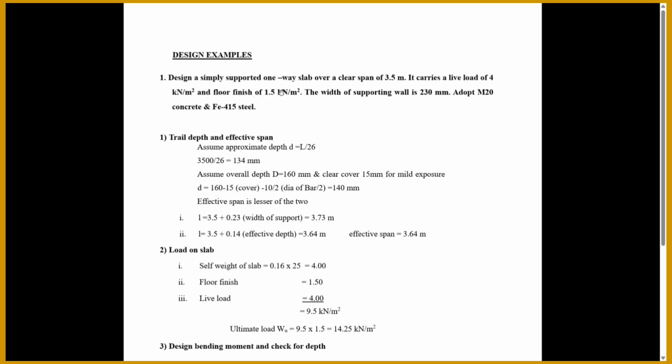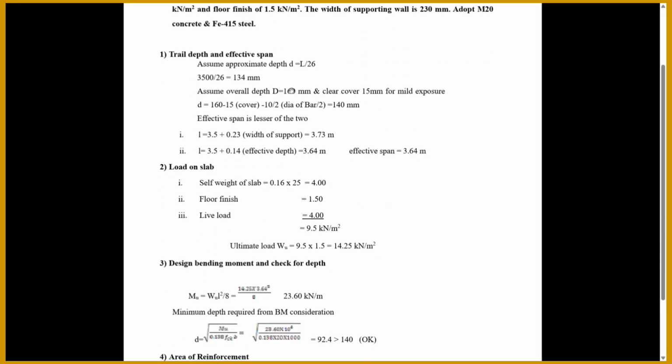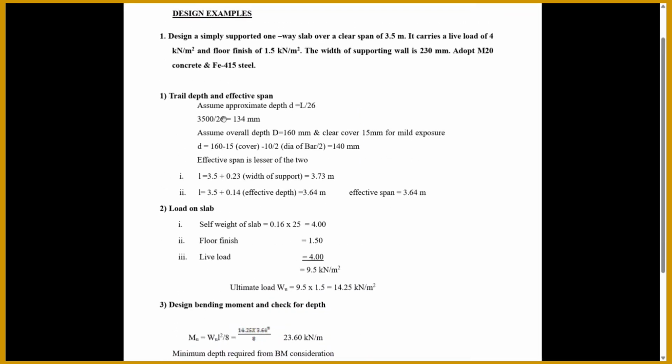Also for floor finish 1.5 kilonewton, and the width of the supporting wall is given, 230 mm. Also the concrete grade is M20 and the steel grade is Fe415 steel.